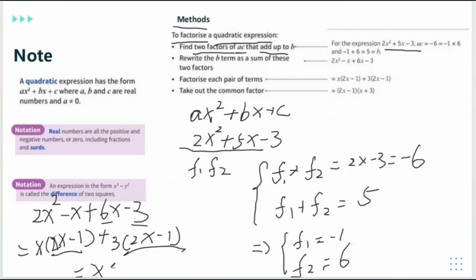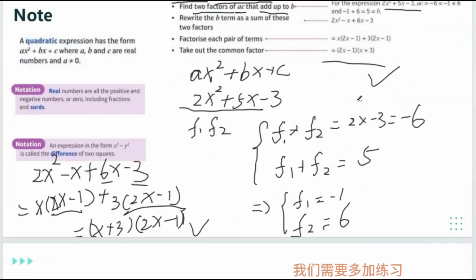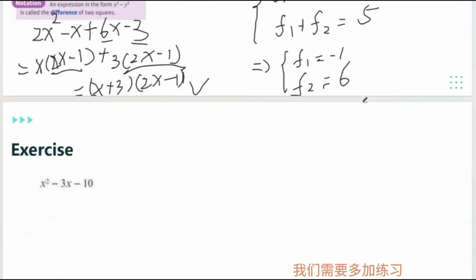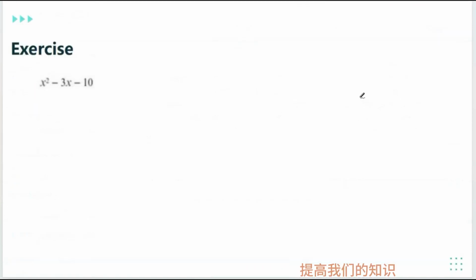So x plus 3 times 2x minus 1 in brackets. This is the final answer. This is very difficult to understand, so we have to do some exercises to enhance the knowledge, right?